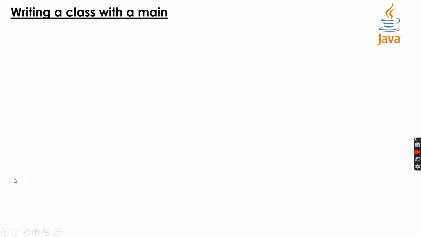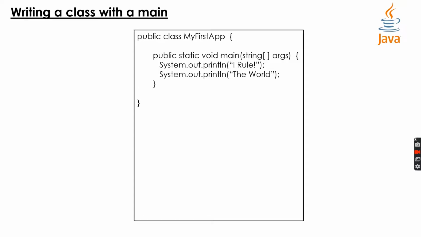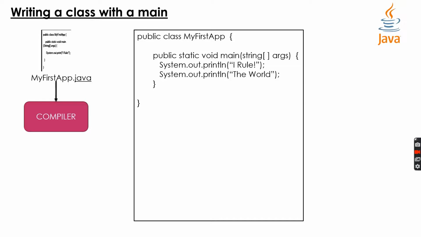Writing a class with a main. In Java, everything goes in a class. You will type your source code in a file with the .java extension. So here we name this code MyFirstApp.java. Then you compile it with the compiler, and the compiler creates a new file with the .class extension.